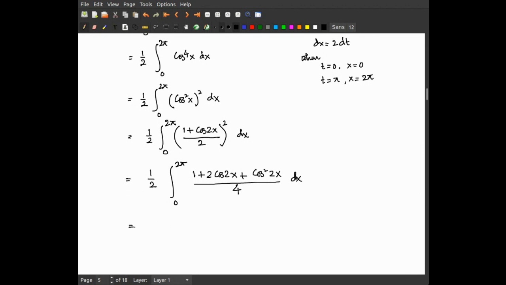So that 4 I can take out, so that would be 1 over 8, from 0 to 2 pi. If you look closely, 1 plus 2 cos 2x, so far we are good.